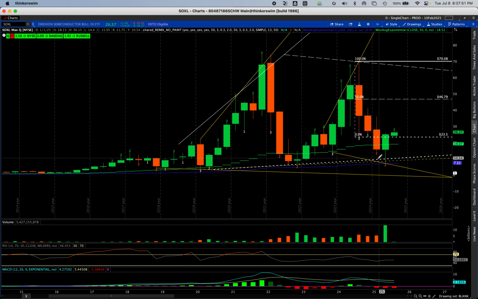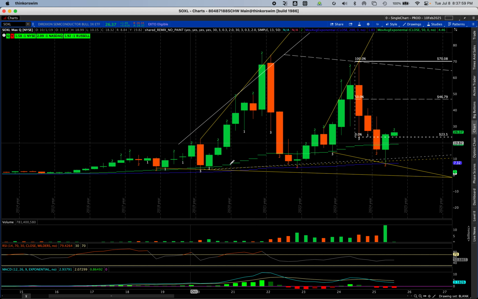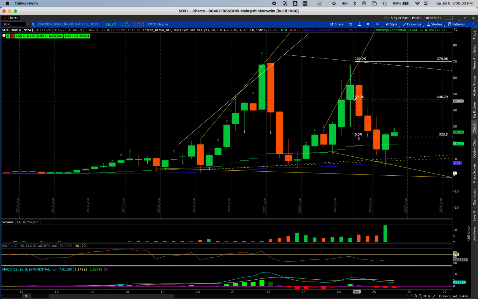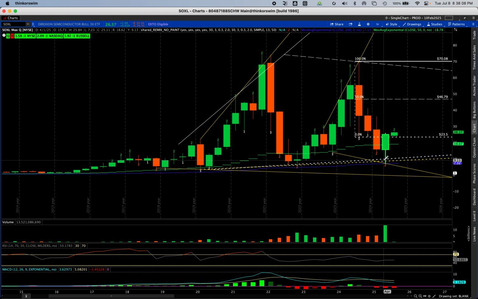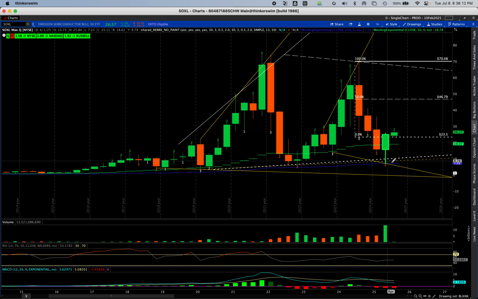Again, we bounced off of it, and it's not something we drew after it bounced off of here. I would have already had this drawn because we've already been looking at SOXL, so we would have known when we hit this 3, we're probably going to go down to this level. The 50-day moving average is not too far from there. The 200-day moving average is basically it, that uptrend line.